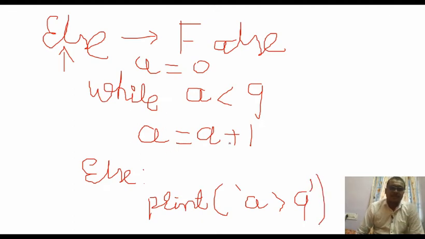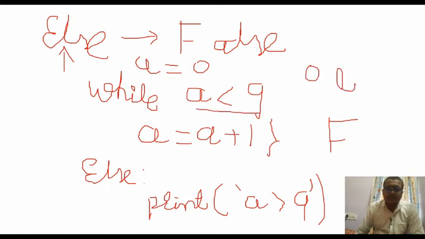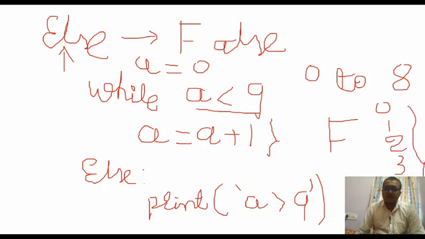So this runs whenever this condition is false. It is going to check this condition ranging from 0 to 8. After counting the values 0, 1, 2, 3, 4, 5 up to 8, it will be in a true state.